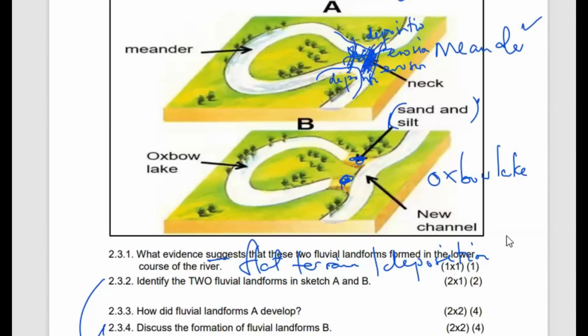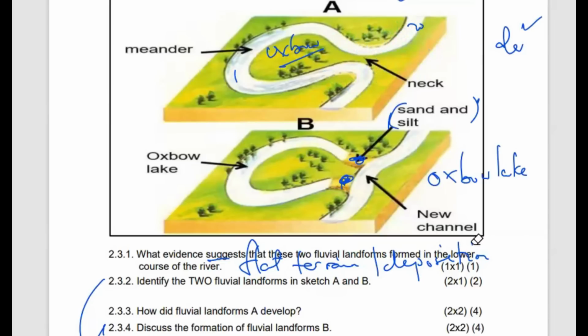If the river manages to break the neck, it means the river now takes a straighter course. Because of this, there is deposition that is going to happen here, ultimately blocking the oxbow lake from the supply of water from the main river. Now the river takes a straighter course, while this remains as a lake on its own, independent from the river. So basically, the oxbow lake originates from a meander.